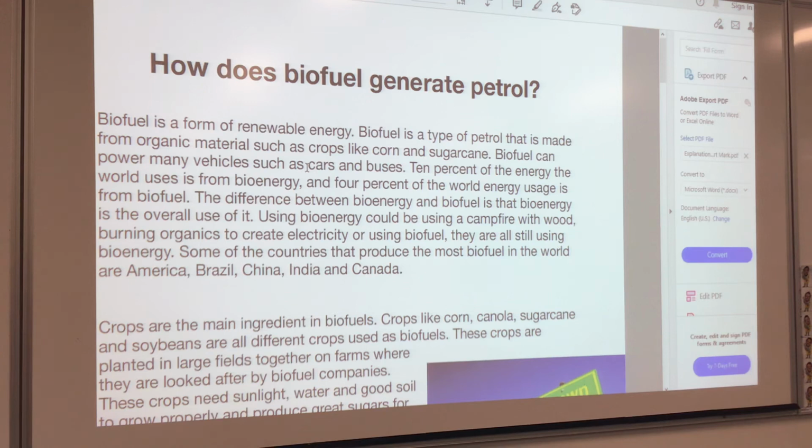That way tomorrow I can write the next paragraph, and the next day the next one. So it's going to take you 5 or 6 days to write this explanation report, but you only have to do one paragraph a day, which is more manageable than going, I don't know how I'm going to get this done. Have a think about how you can do it in bite-sized, manageable pieces.